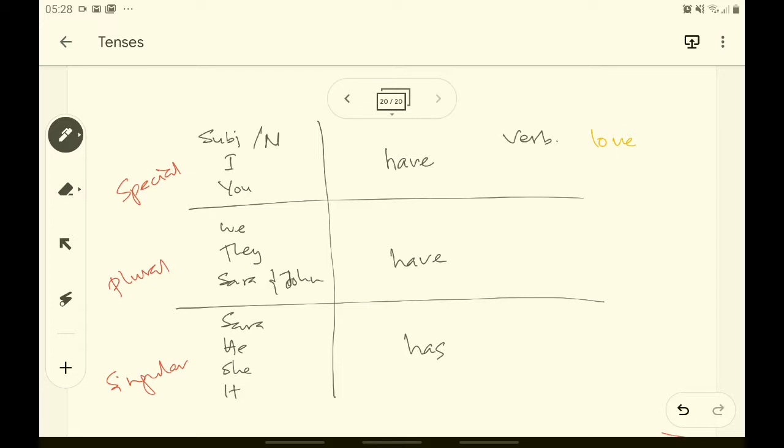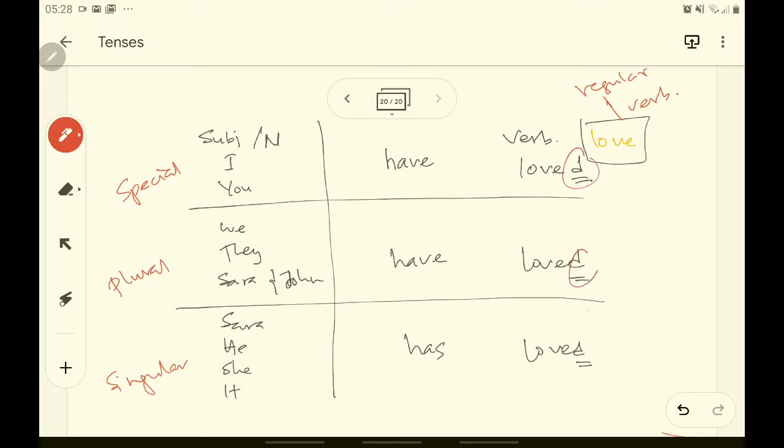Okay, so I have love. This one has to be in past participle form. Loved. Since love is a regular verb, you just need to add d or ed in some cases.